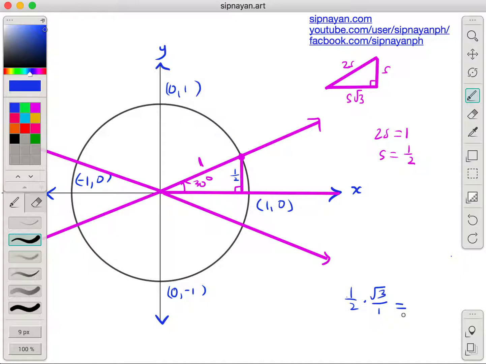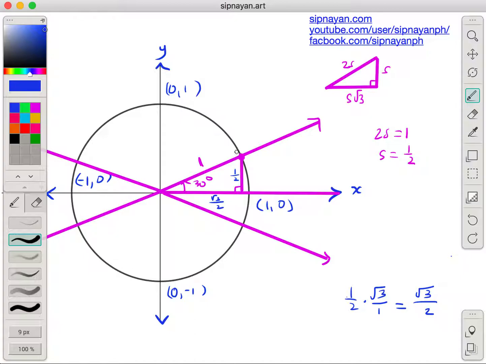At hindi natin binabago yung value because square root of 3 over 1 is still square root of 3. We can multiply 1 times square root of 3, and 2 times 1 is 2. Meaning, the length of this segment from here to here is square root of 3 over 2. Okay?